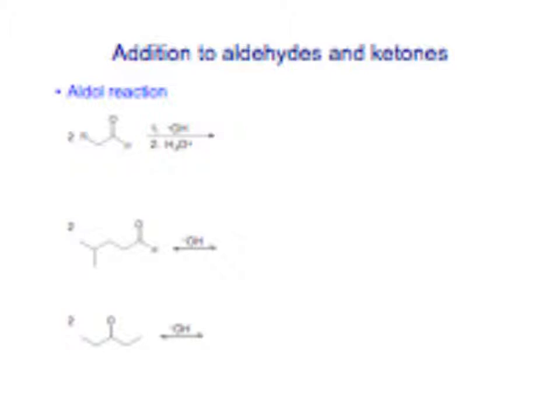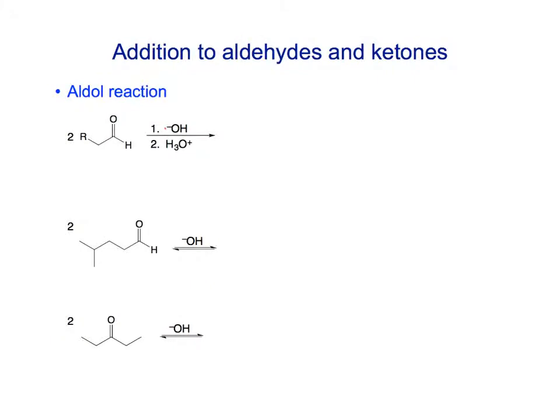So let's run through how this would work. We have basic conditions, and so the first step is going to deprotonate the alpha position. I'm just going to put the electrons back to the alpha position, and this is really going to form an enolate.